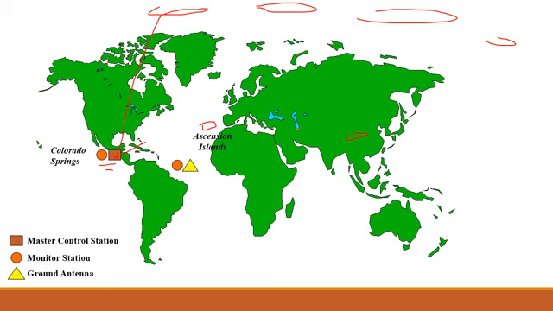And master control can easily retrieve the data, and these can also be seen through monitor stations. Monitor stations are installed in different areas, and a ground antenna is used to see the location of an object.